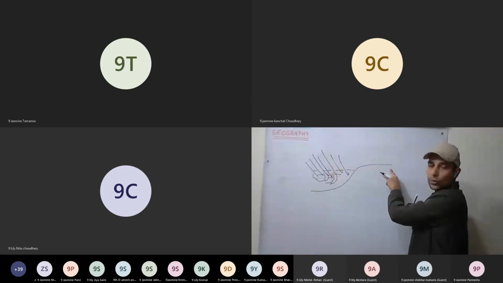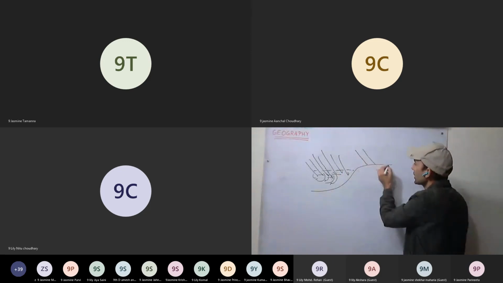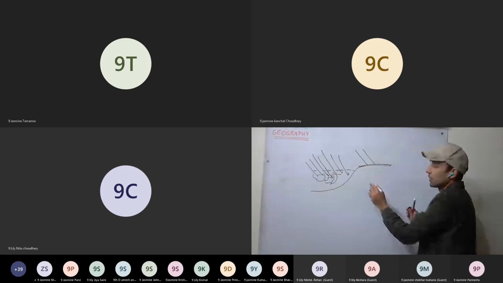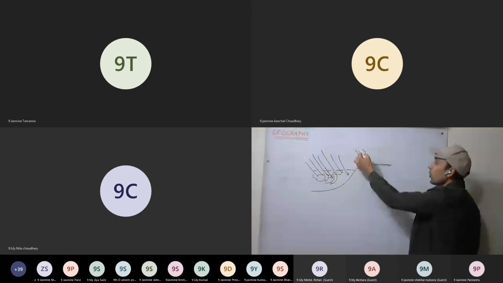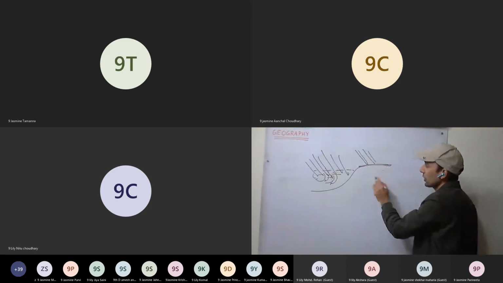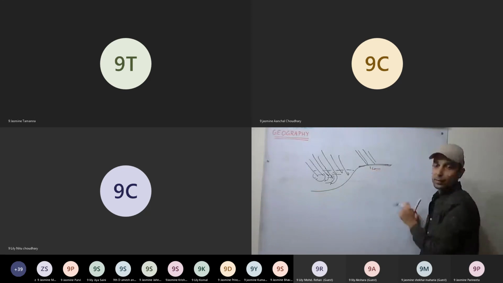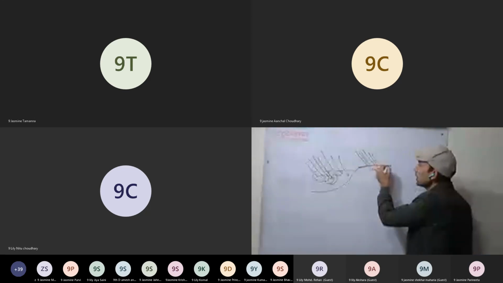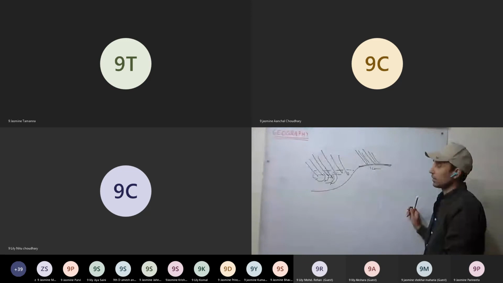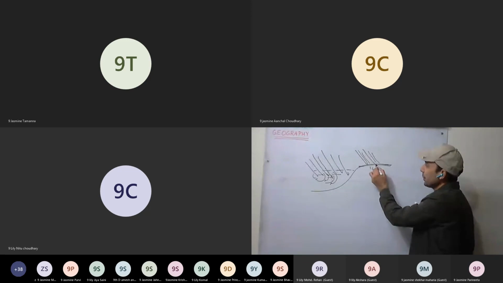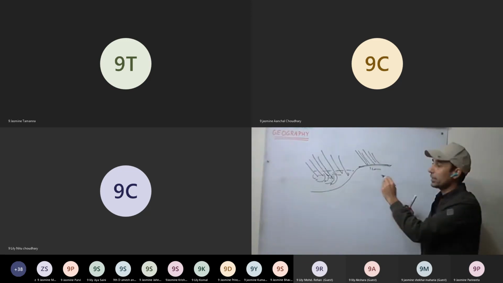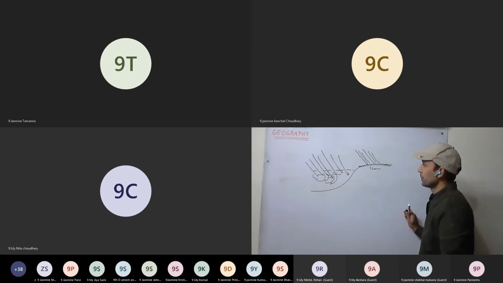Whereas what happens on the land? Land is opaque. So most of the heat is concentrated only at the surface. Further, if we go deep down, there will be very cool layers. So only the surface is heated, and the rise in temperature will be more as compared to the sea.